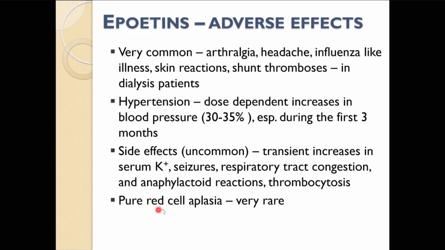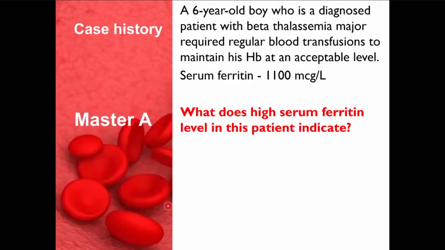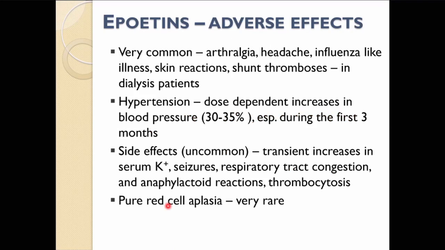In that case, you need to suspect this pure red cell aplasia. That is where the bone marrow stops producing red cells. That's a very rare side effect, but it can occur. Okay, so those are the drugs that we use to treat anemia.